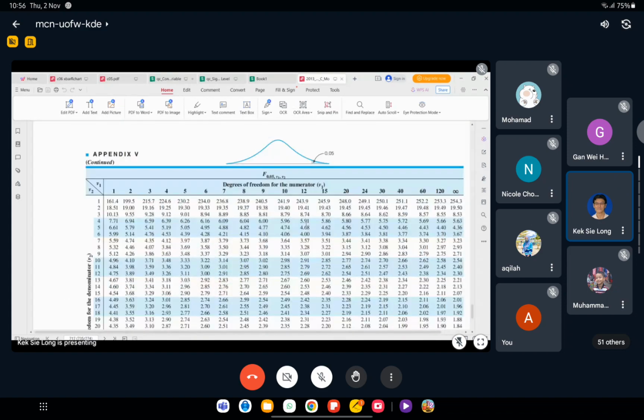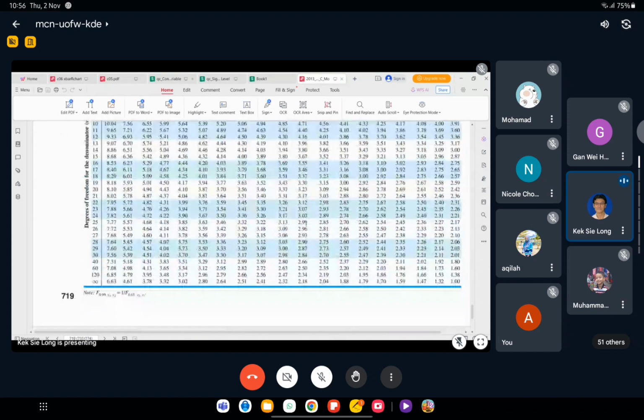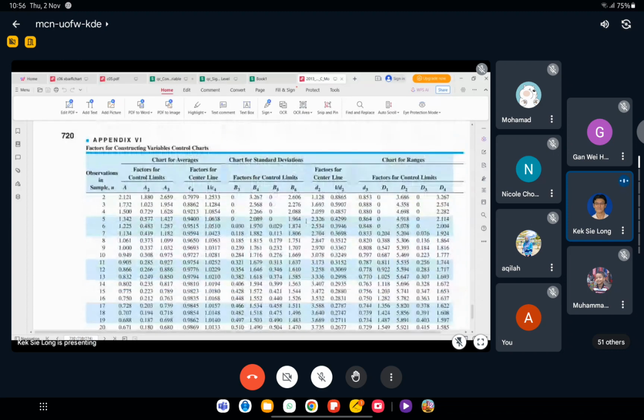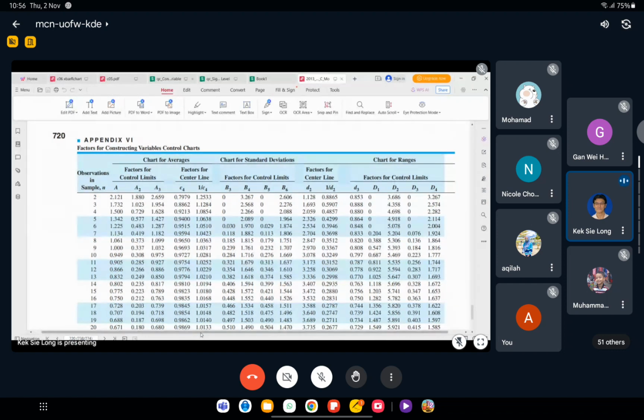Table 5, where is table 6? Table 6, this one. You can go to page 720. Refer to this table. This is Appendix 6, factors for constructing variable control charts.